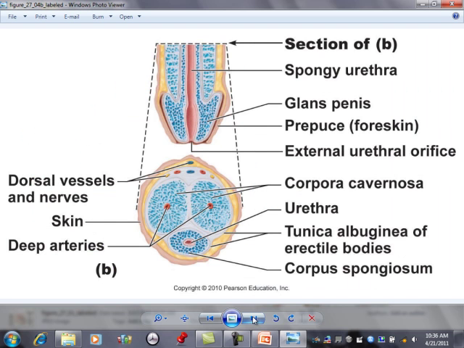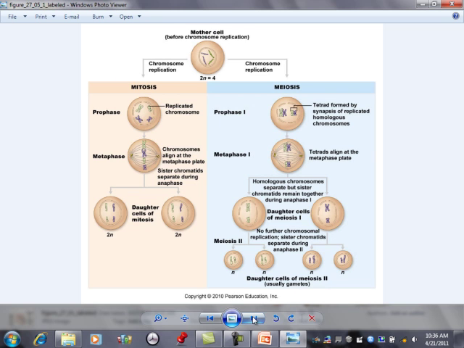So, understand the different components of the male's reproductive system and all of the contributors to the formation of semen. Again, semen contains all of these different contributions as well as what? Mature who? Sperm.